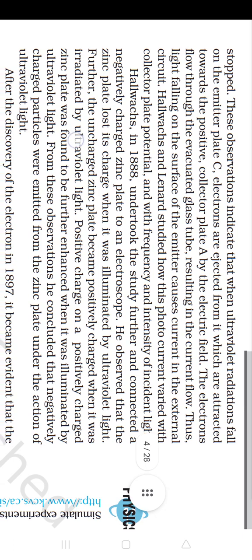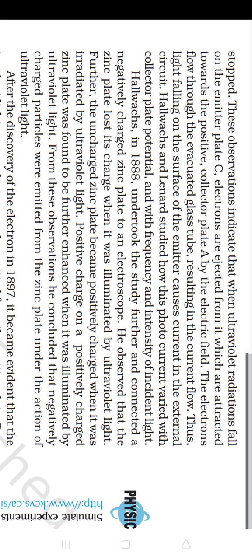These observations indicate that when ultraviolet radiations fall on the emitter plate C, electrons are ejected from it, which are attracted towards the positive collector plate A by the electric field. The electrons flow through the evacuated glass tube, resulting in the current flow. Thus, light falling on the surface of the emitter causes current in the external circuit.